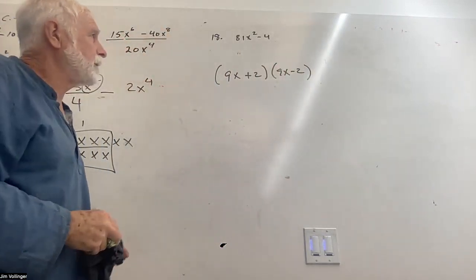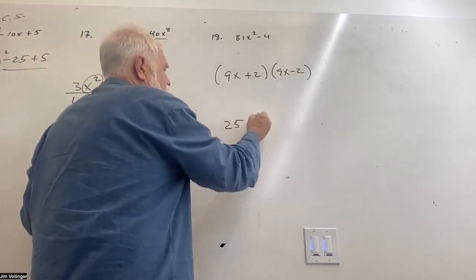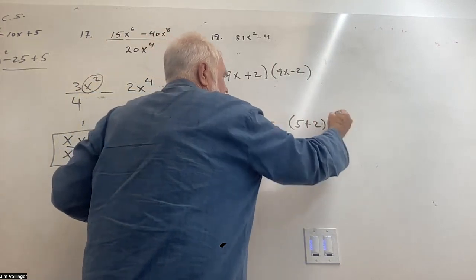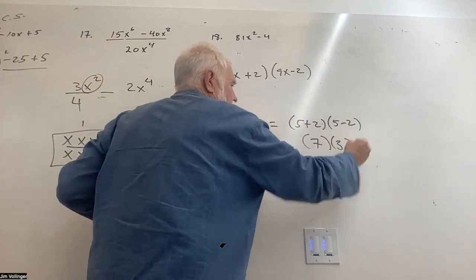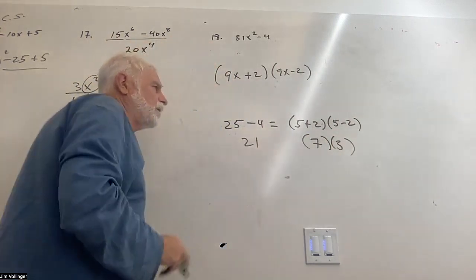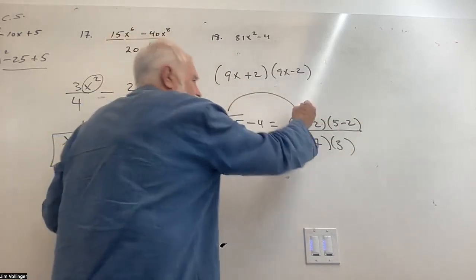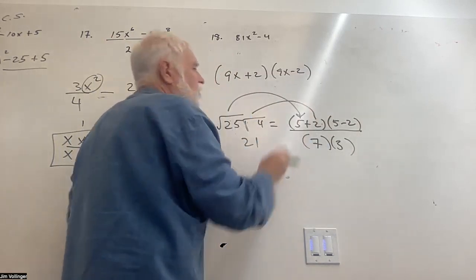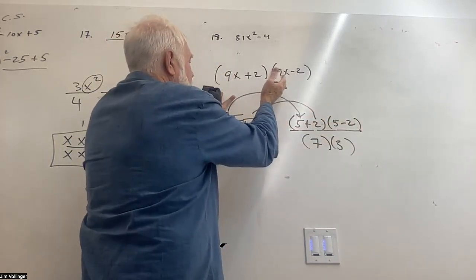I can probably just look at 25 minus 4 as being 5 plus 2 times 5 minus 2, which is 7 times 3, which is 21. This is 21. Hopefully you can see the square roots, right? The square root of 25 is 5. The square root of 4 is 2. So the sum of the square roots times the difference. That's what we've done here.